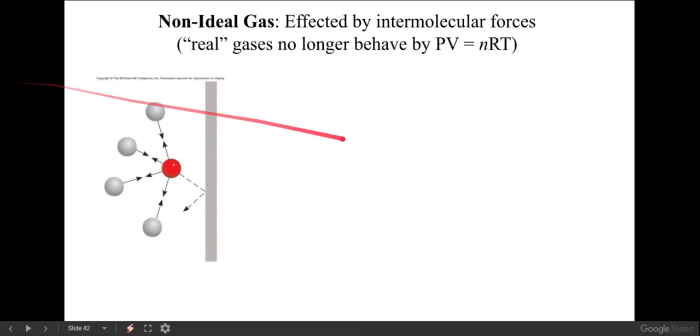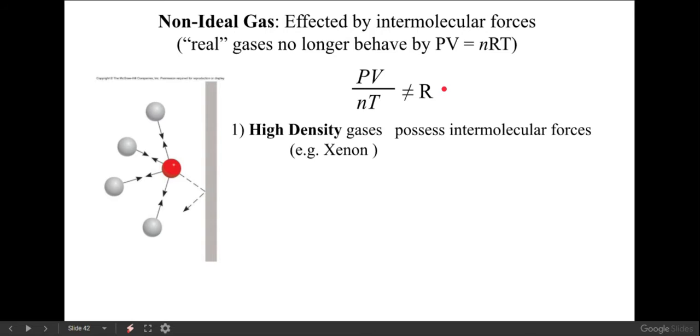Okay, now I mentioned gases are not always ideal, and when they're not, we call them real or non-ideal gases. Now, this happens in a few scenarios. Again, by definition, it's if you take the ratio of your gases and they no longer equal 0.08 to 1. So this can happen a number of ways.